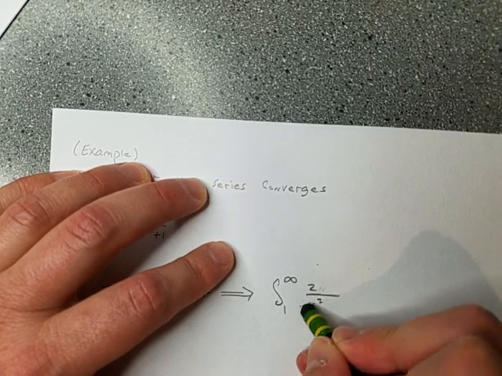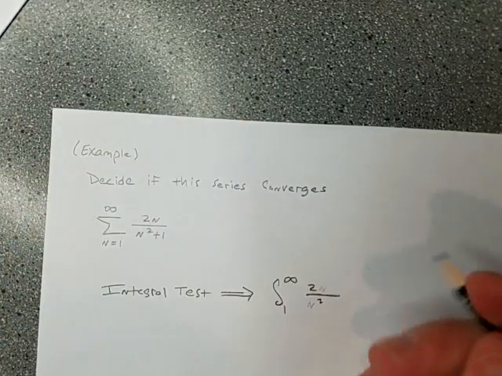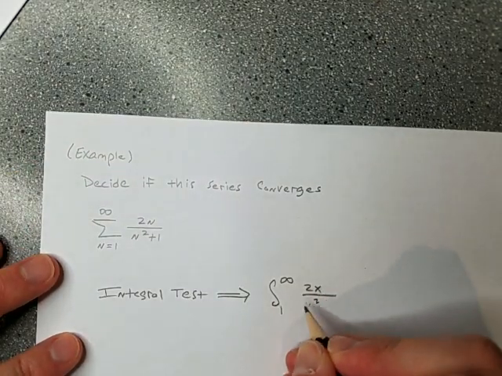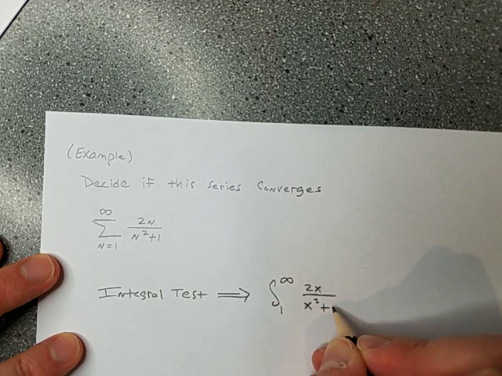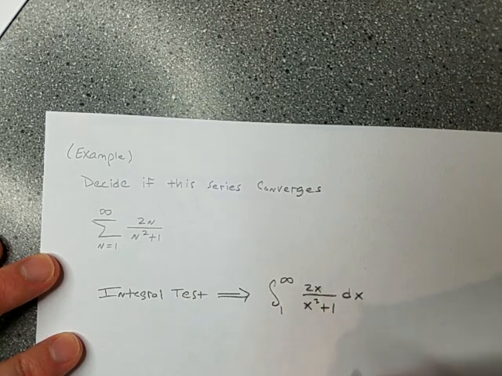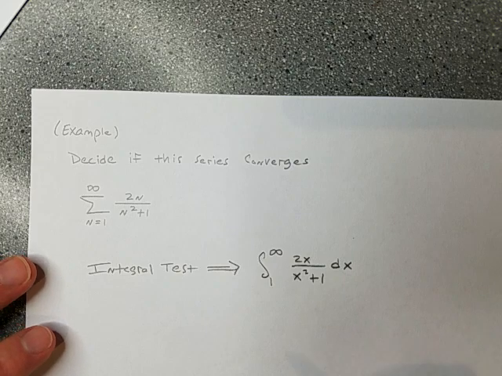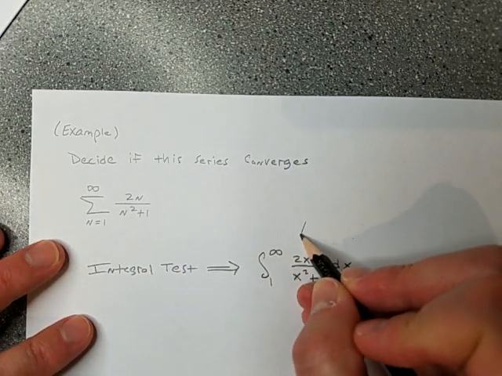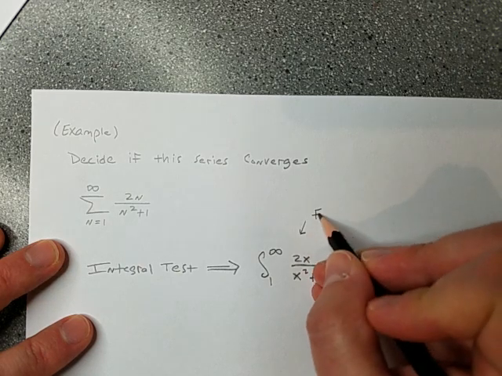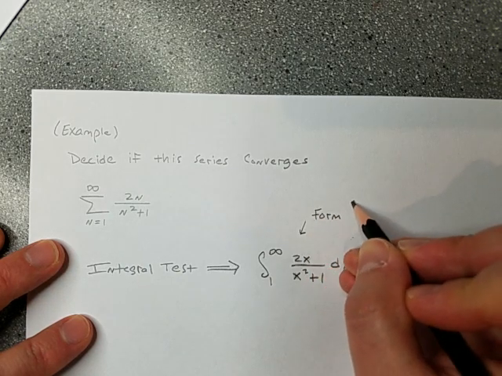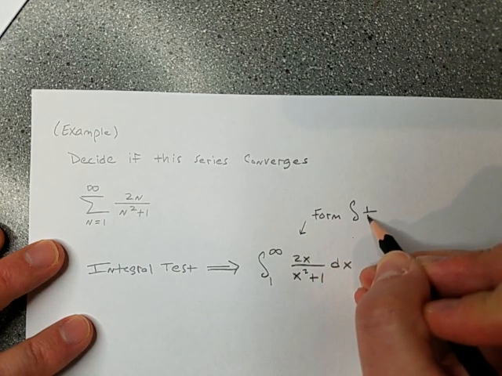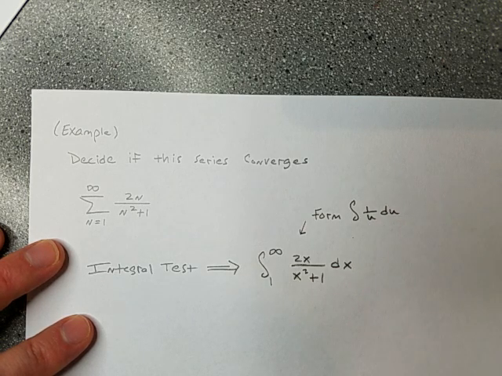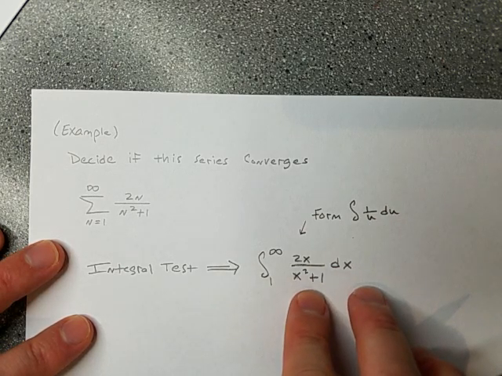I guess it's not the end of the world if you used n as your variable of integration, but it's a little more agreeable to people to use x. Okay, so 1 to infinity, 2x over x squared plus 1. Now, this integral here is of the form 1 over u du, okay? That's what kind of integral it is.